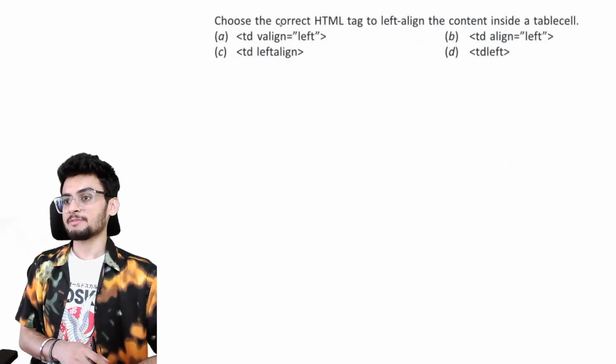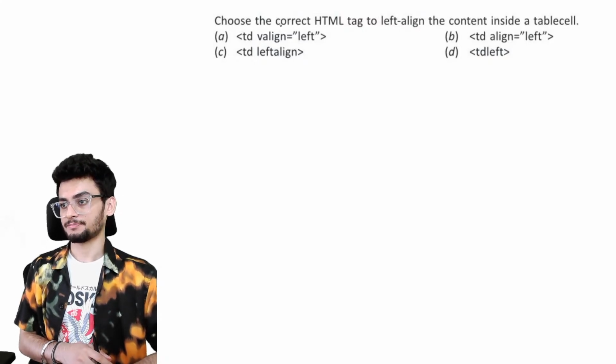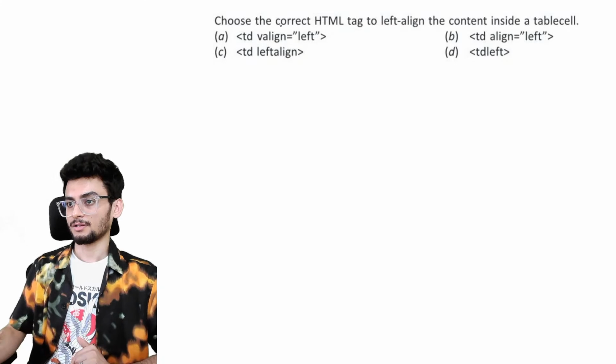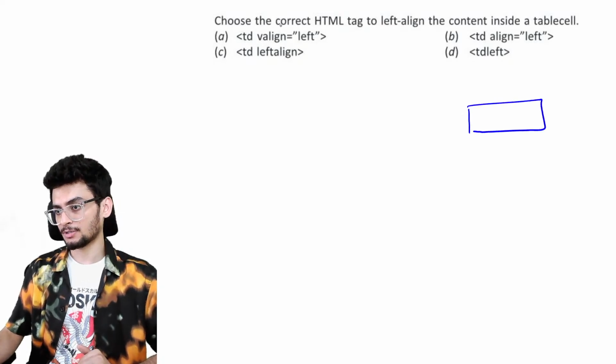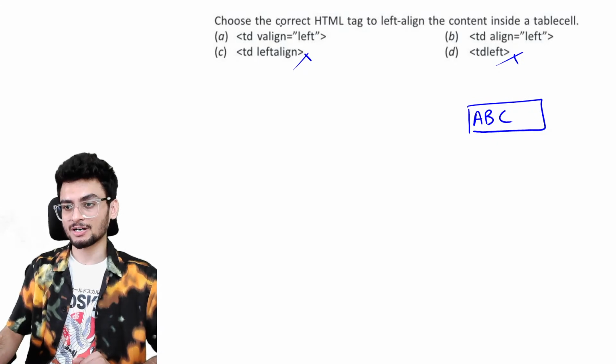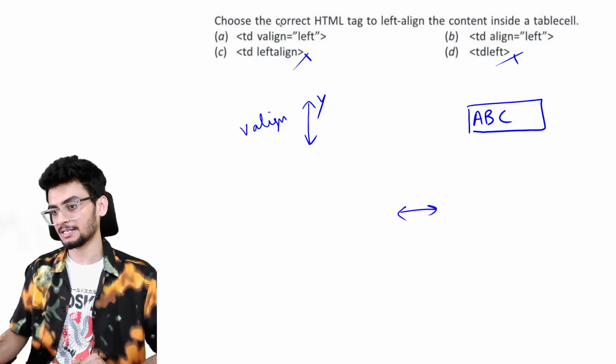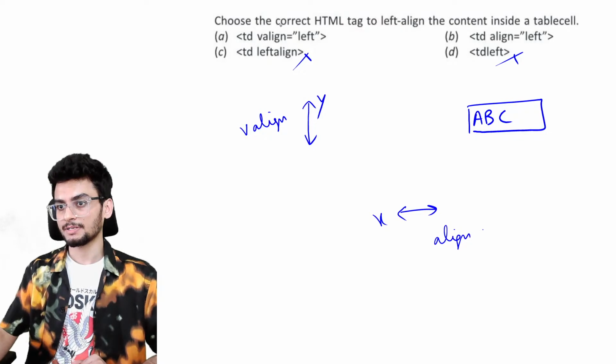Choose the correct HTML tag to left align the content inside a table cell. We have to align it on the left hand side, right? So this is not there. V align आप left नहीं करते हो. अगर आपको Y डायरेक्शन में अलाइन करना है तब हम लोग V align यूज करते हैं. But अगर आपको X डायरेक्शन में अलाइन करना है, we use just a normal align. ठीक है?